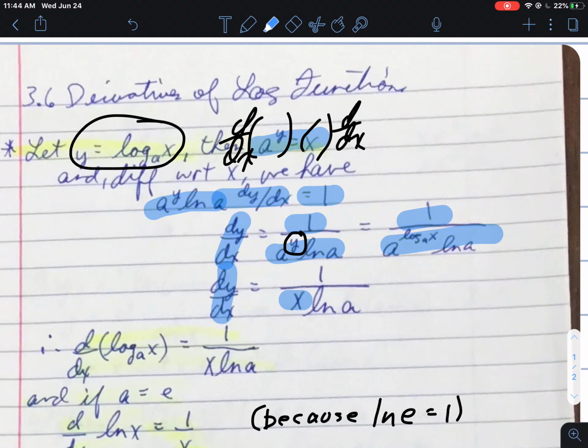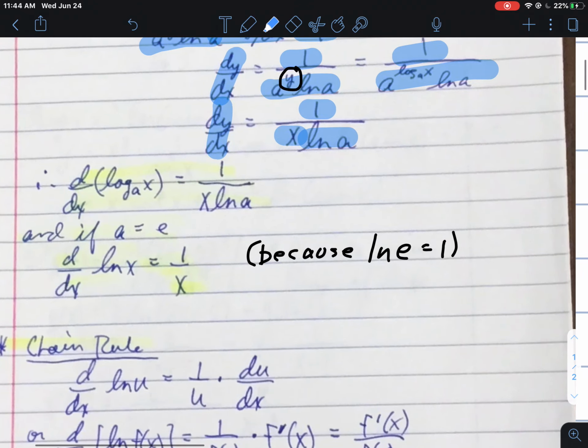So I end up with dy/dx equal to 1 over x times the natural log of a, where a was the base of your exponential function. Ultimately, and this is what you need to remember, the derivative with respect to x of log base a of x is 1 over x times the natural log of a.